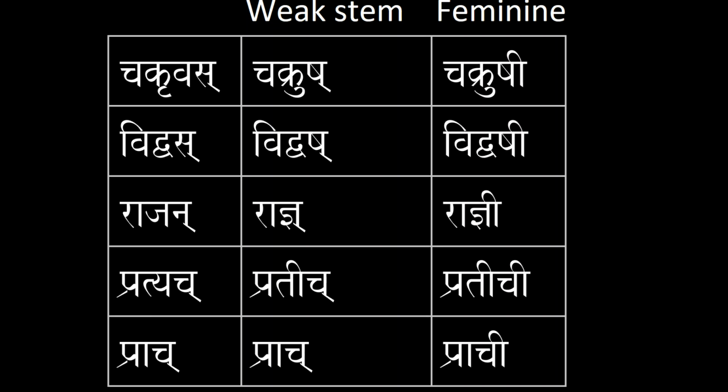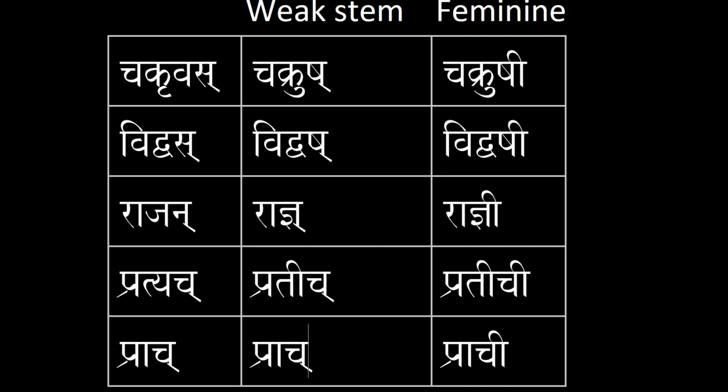Vidvas, the weak stem is vidvush. Feminine would be vidvushi. Rajan, weak stem raj, and then the feminine would be raji, declined like nadi.